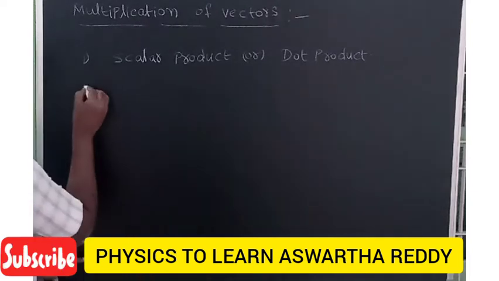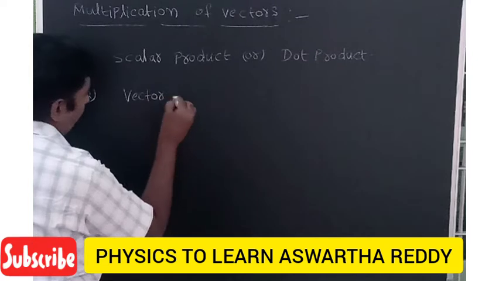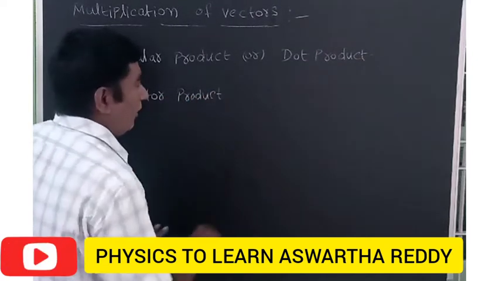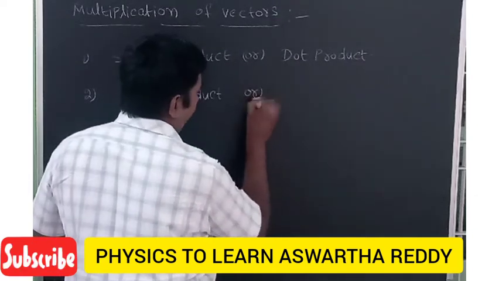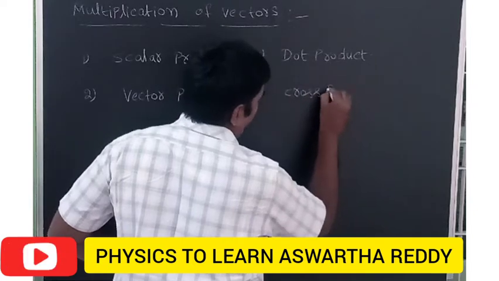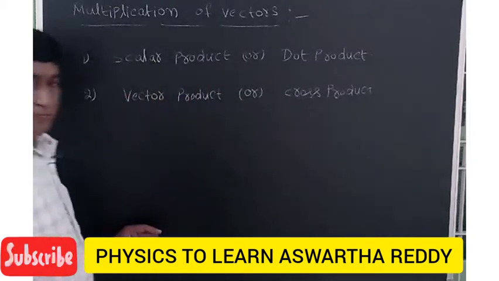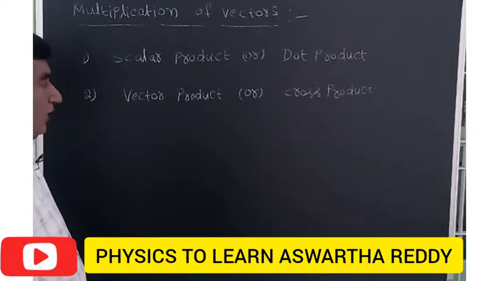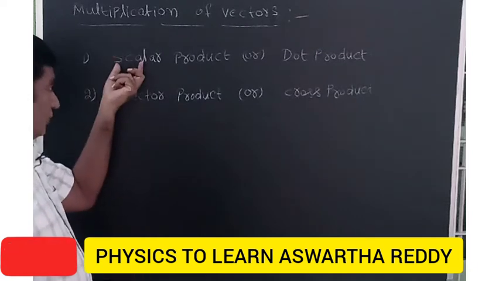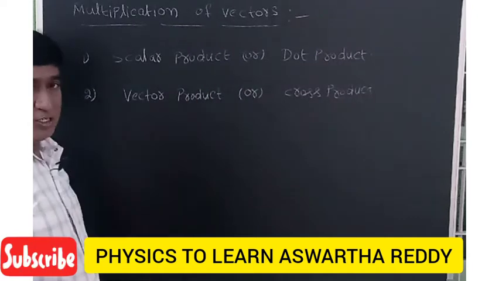And one more method is the vector product, or another name, the cross product. In these two ways we can multiply two given vectors. The first one is scalar product or dot product, the second one is vector product or cross product.